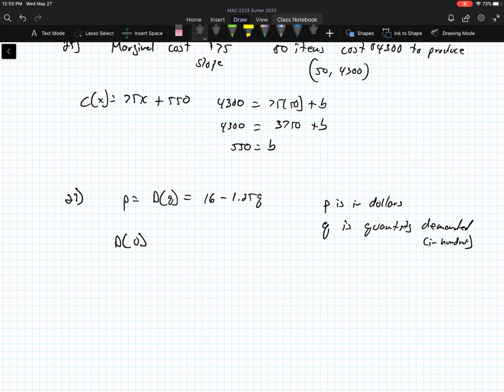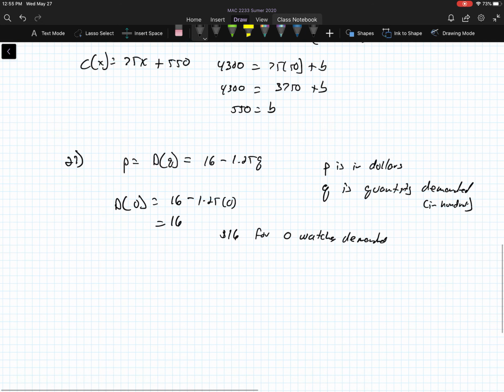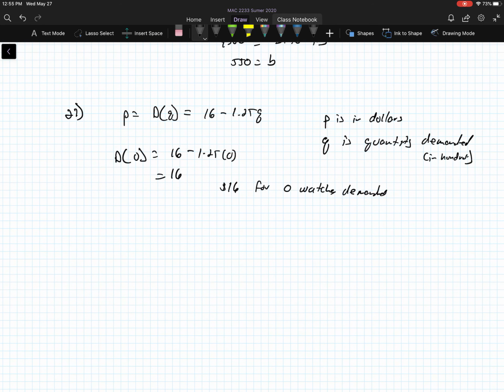So for the first one, I believe is D of 0. So what's the price if Q is equal to 0? And I get 16. So when 0 watches are demanded, the price is $16. Excuse my handwriting, it is atrocious. So that is actually A. B is D of 4.